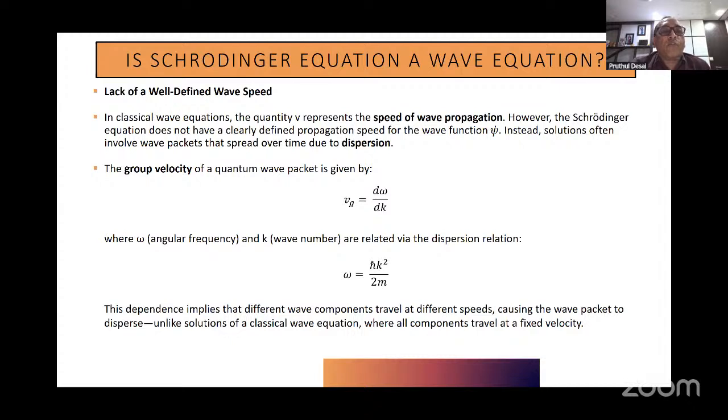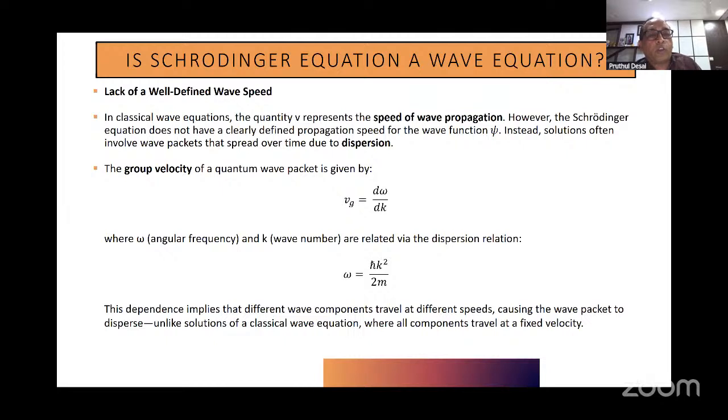In the classical wave equation, you have a fixed speed of propagation, while in the case of Schrodinger's equation, that is not clearly defined, in the sense that these wave packets spread out over time due to dispersion.